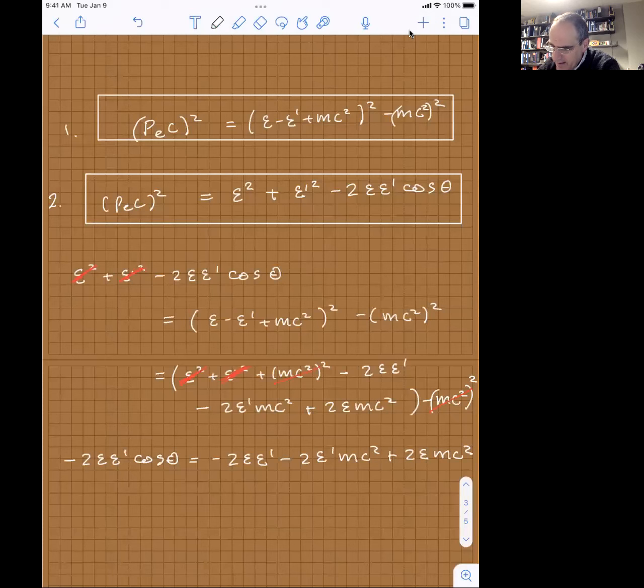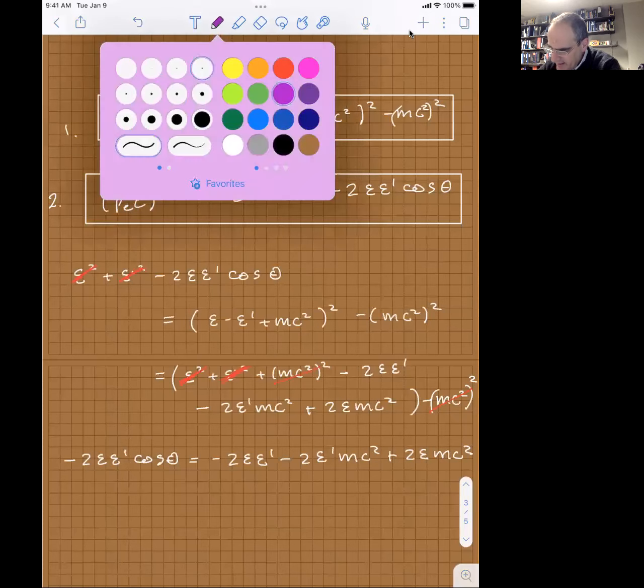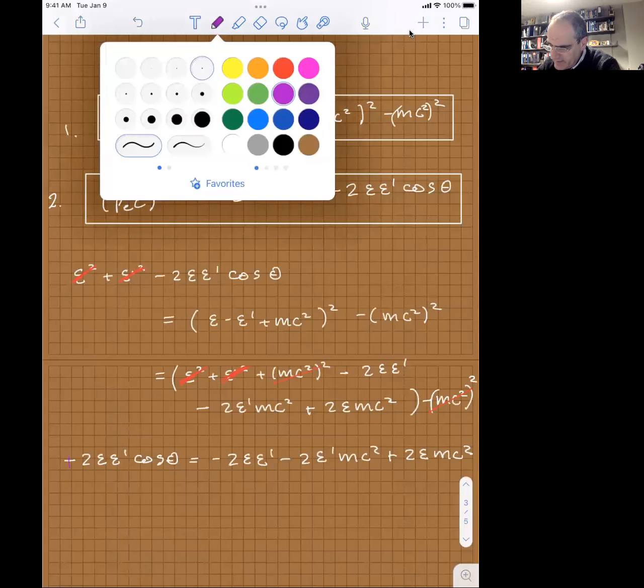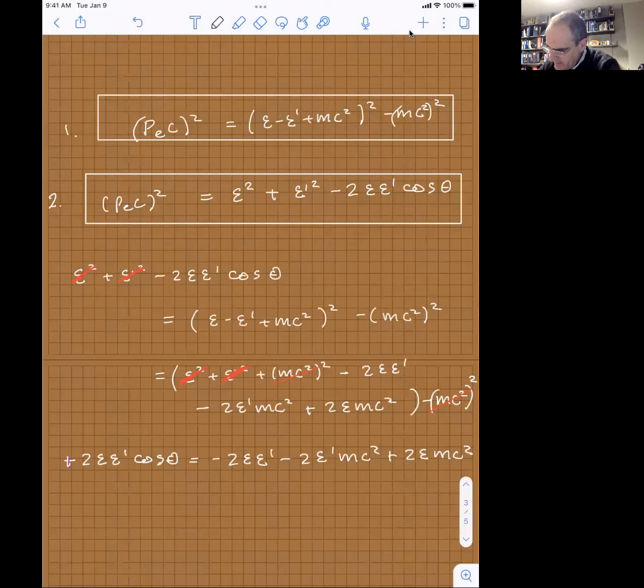Before we do that, let's cancel out all the negative signs, and we could also cancel out the factors of 2 that you see everywhere.